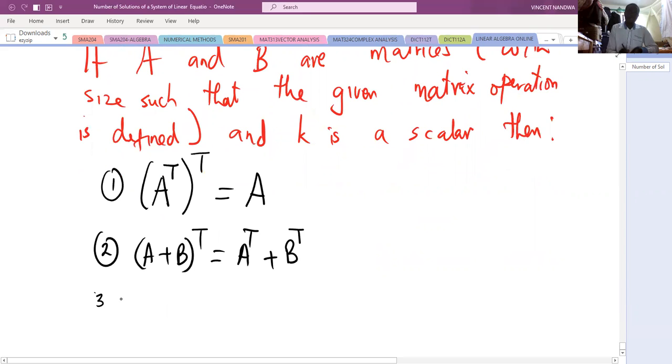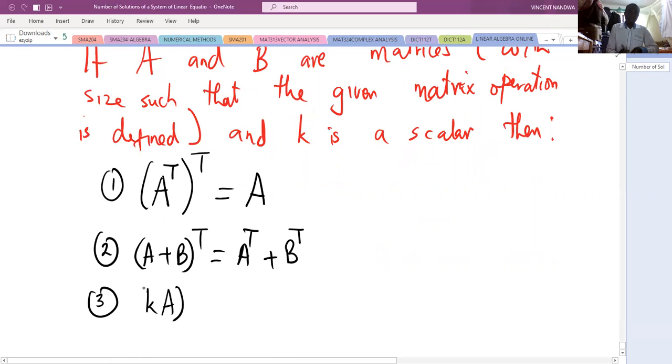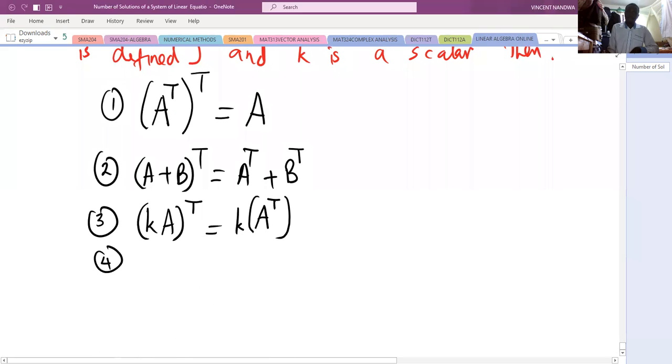And number 3, for this scalar K, if you get the transpose of K times A, then it's the same thing as saying that scalar times the transpose of matrix A. And number 4, if you have A times B is defined, then you get the transpose is the same as B transpose and A transpose.